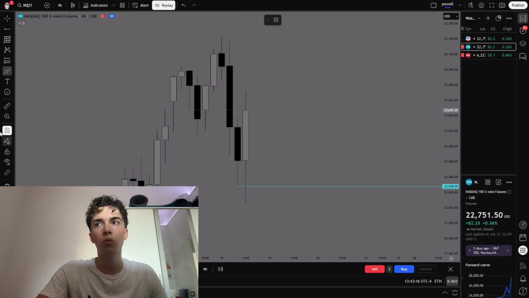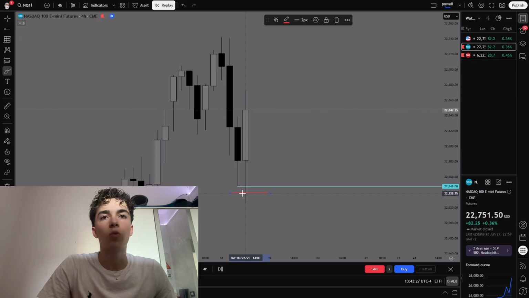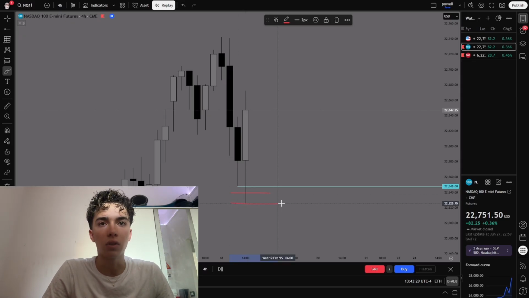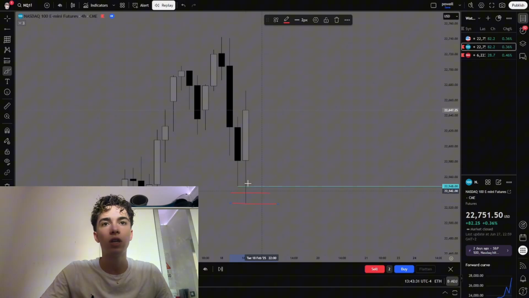If this candle's close were here, we would have aimed for the low, but in this case we closed above this blue level, as you can see here, so we aim for the high.